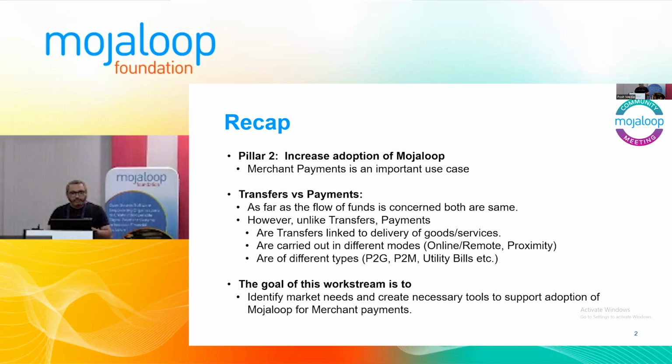You can carry out merchant payments in different contexts, either online, remote or proximity. And then the word merchant is again a misleading word, because the payments could be of different types. You can pay a government, pay a business, or make payments which are not traditional merchants but utility bills.